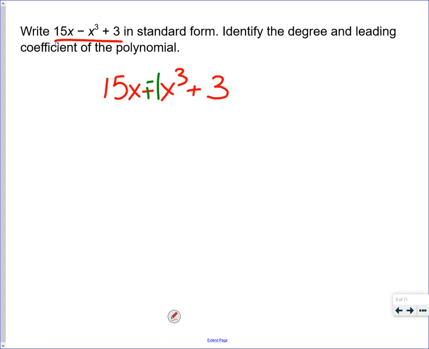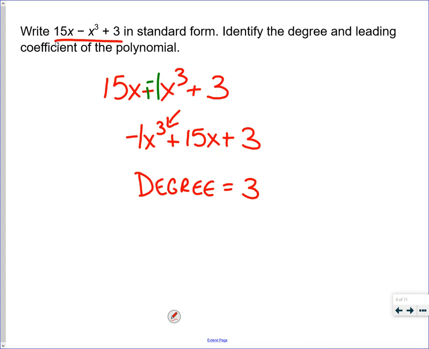I want the biggest exponent first, which is really that negative 1x cubed. And then I would have plus a 15x and then plus 3. The degree, remember that's just the biggest exponent. The degree is going to be 3. The leading coefficient is just the number that's in front of the whole thing, negative 1.